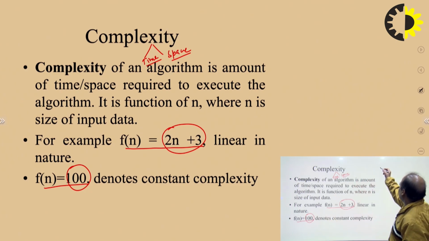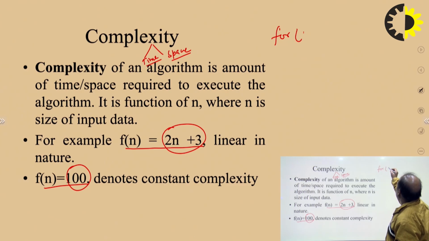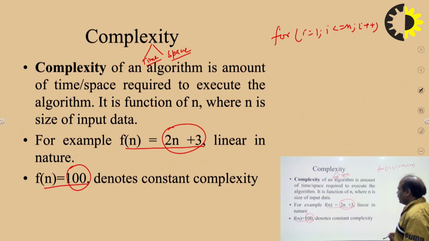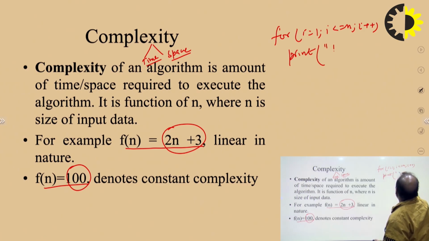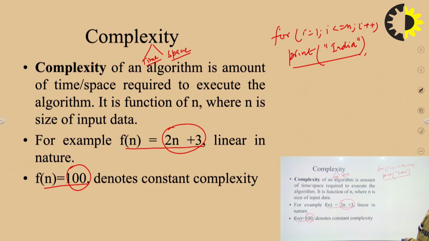For example, if you run a loop for i is 1, i less than or equal to n, i plus plus, and print India, it does not take different time in every iteration. It takes the same time in every iteration, so its running time remains the same. This is where we always get constant time.